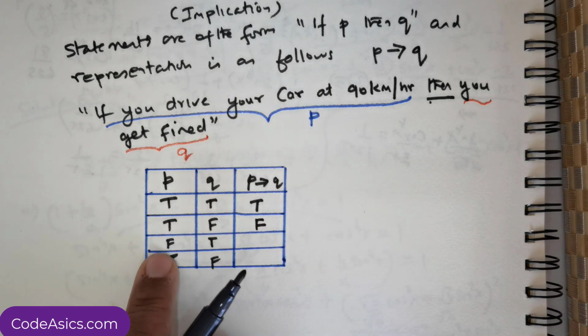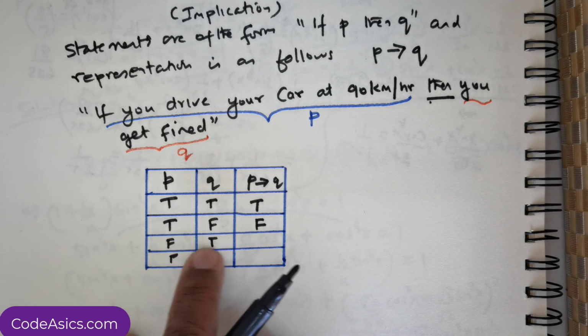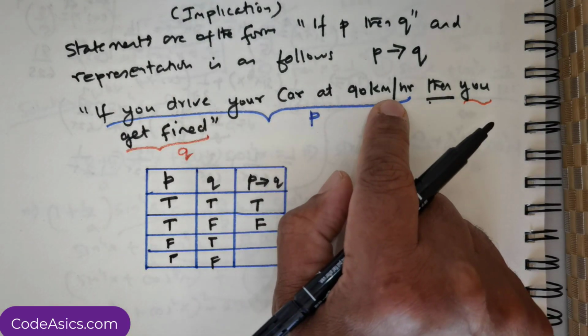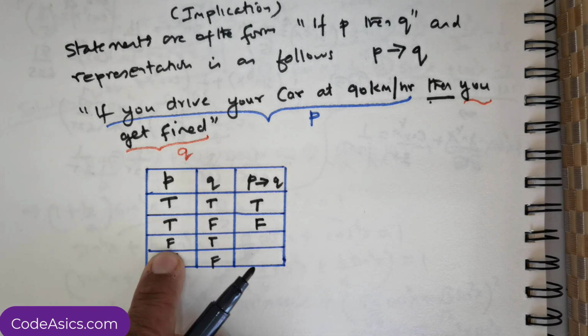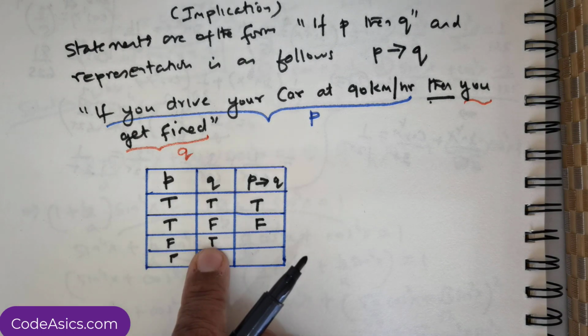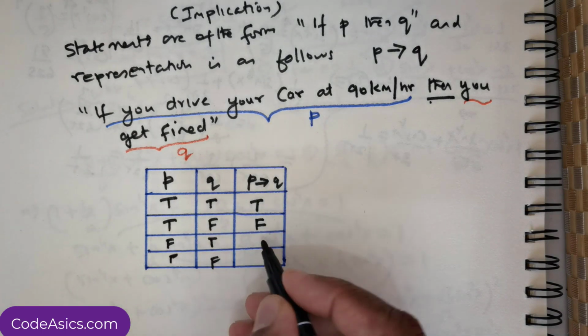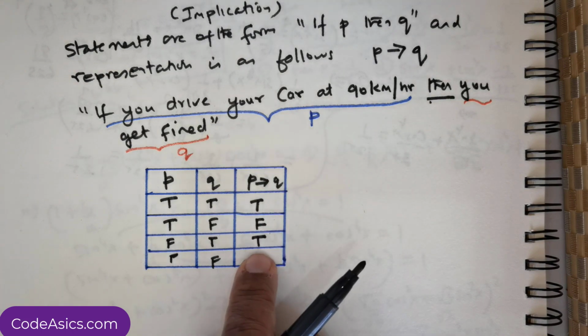The next case, the third case is F and T. You have not driven your car at 90 km, but yet you are getting fined. Well, the reason for your fine can be many reasons. For example, you would have jumped the red light. This is one scenario. So in that case, if you have actually not driven your car at 90, yet you're getting fined, the outcome is going to be yes, that is going to be true.